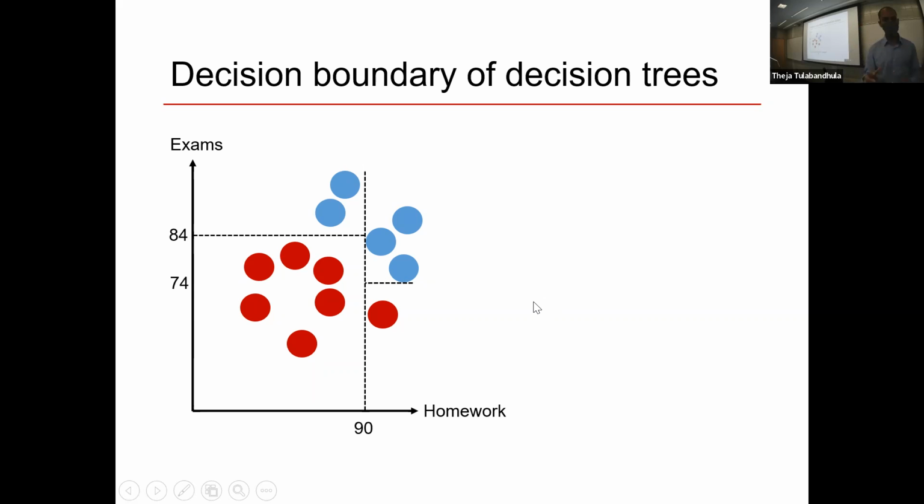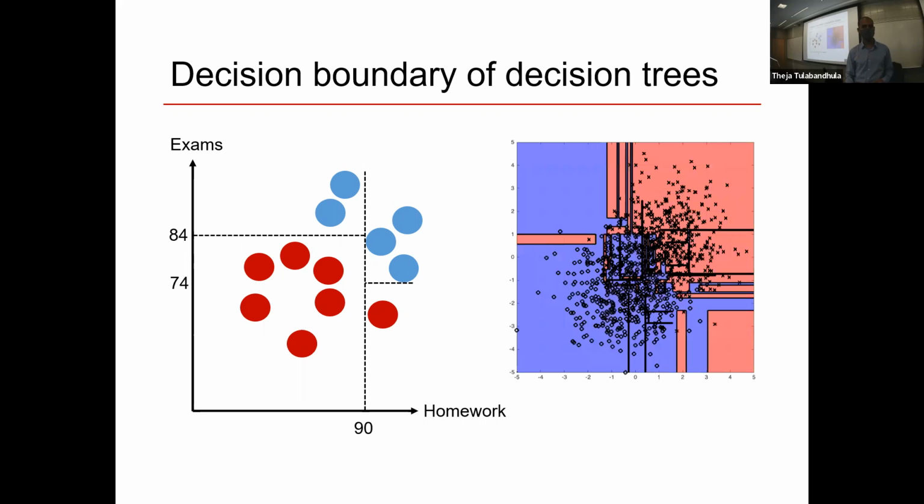Okay, so if you really extend this procedure, and especially for numeric features, you can revisit the split point again and again. So you can split on the same feature again and again. For example, once you've split on the exam feature, then again you can pick up and split on the homework feature.